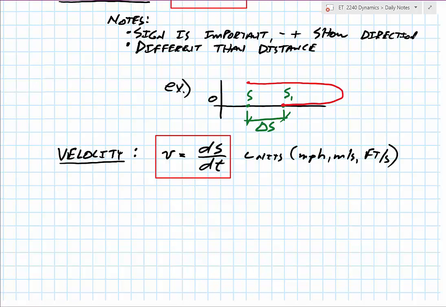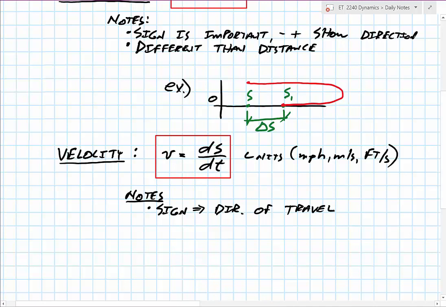With velocity, which is the rate of change of displacement with respect to time, I need to add a couple of notes. Once again, just like with displacement, the sign is important because the sign will tell us our direction of travel. For instance, if I had a negative velocity, it means I have to be traveling in the negative direction. Positive velocity, I have to be traveling in the positive direction.